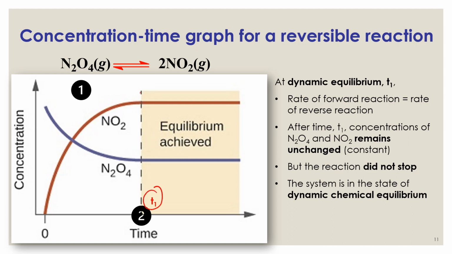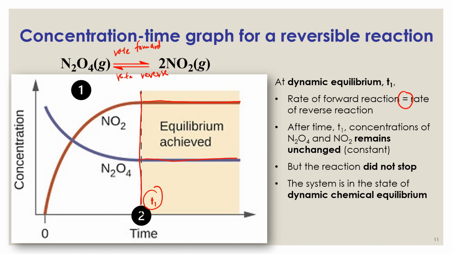At T1, the rate of forward reaction is equal to the rate of reverse reaction. So after time T1, the concentrations of N2O4 and NO2 will remain unchanged or constant.